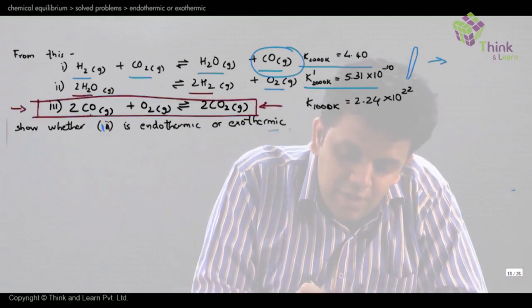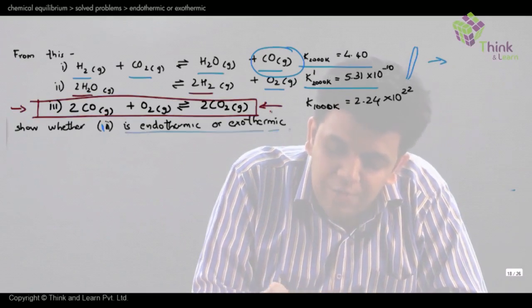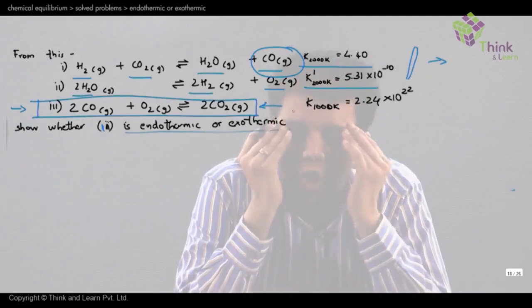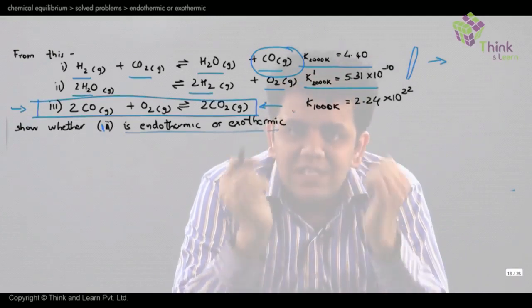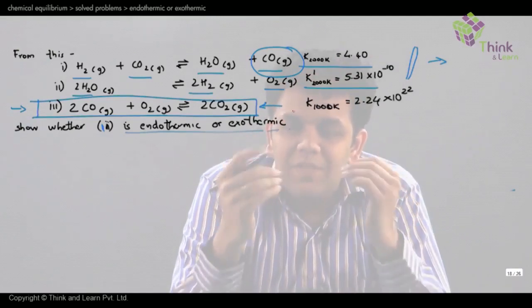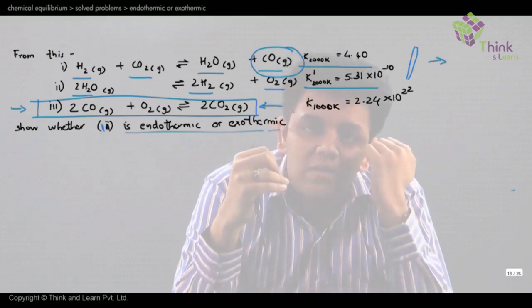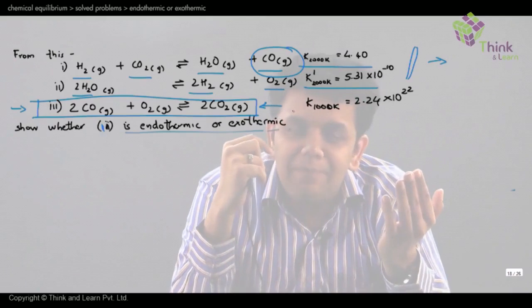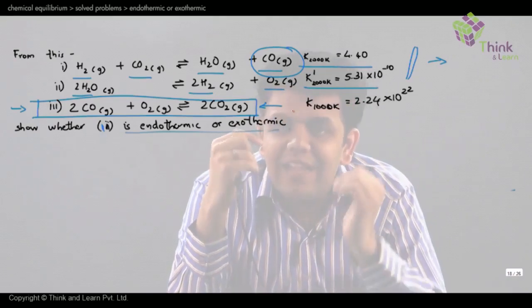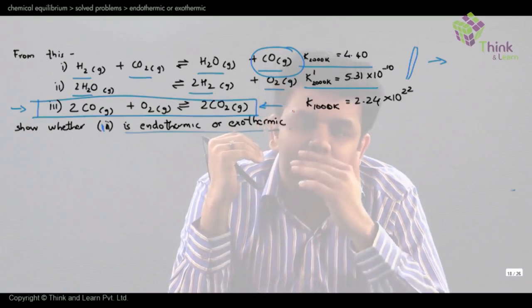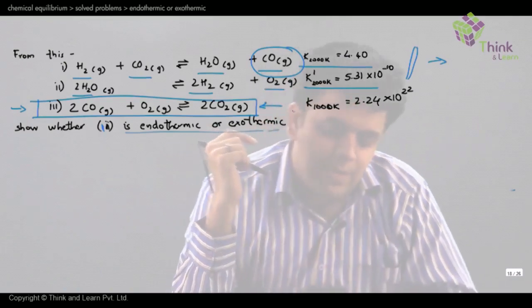We have to answer whether this third reaction is endothermic or exothermic, right? So what is the logical thing to be done? We will need to find out the relationship between Kp at 2000 Kelvin and Kp at 1000 Kelvin, and then say whether delta H is positive or negative to find out whether the reaction is endothermic or exothermic. Perfect.